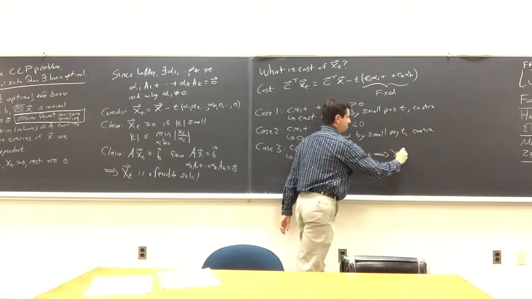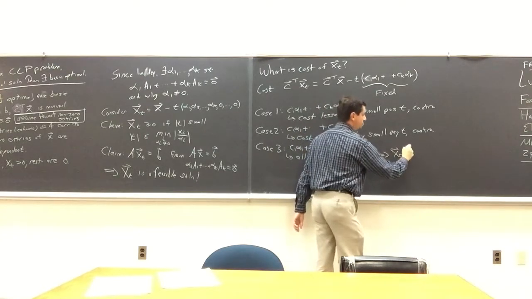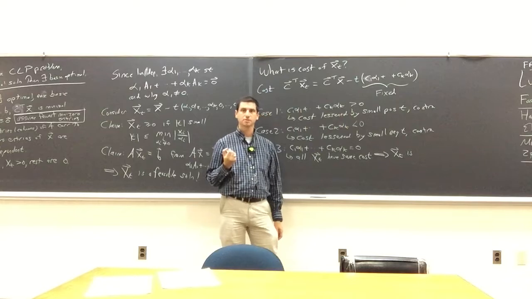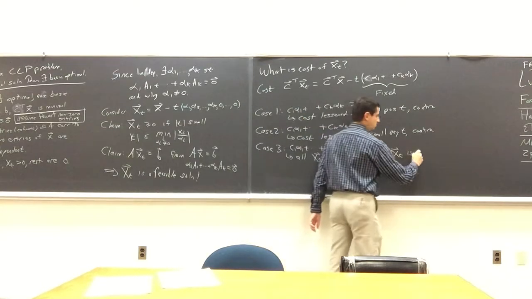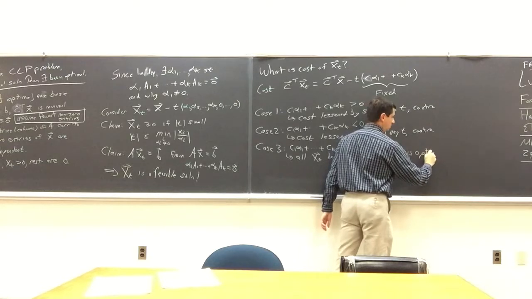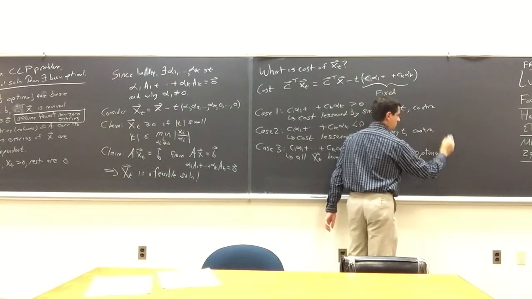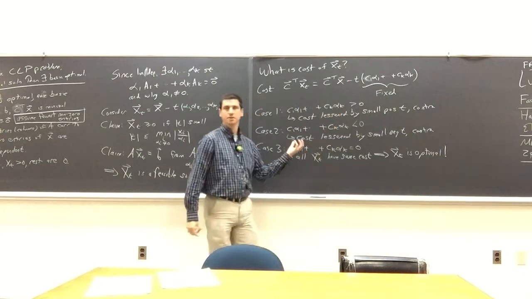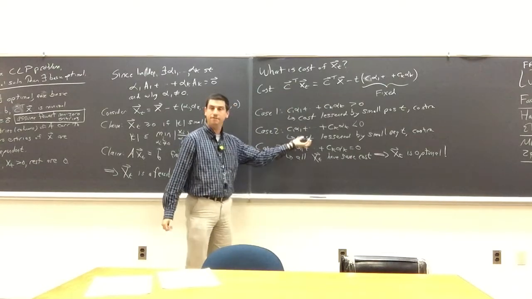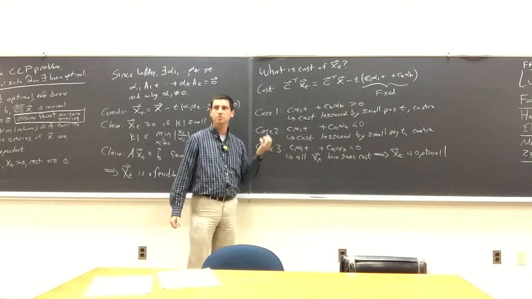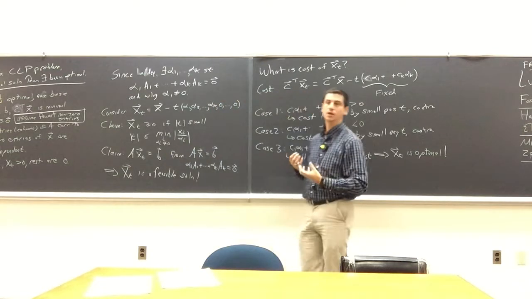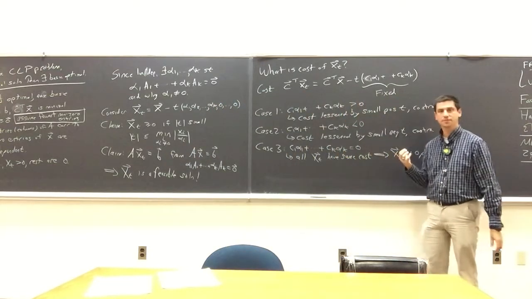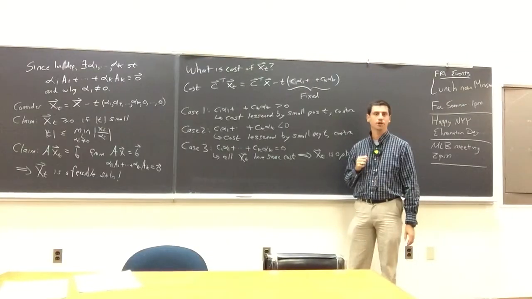Therefore, what do you know about xt? Xt is optimal. That's the nice thing. The only case that's left has each xt being optimal as well. We didn't know initially that xt was optimal. We just knew that it was still feasible, but maybe we screwed up the cost. Now we've just shown we haven't screwed up the cost.